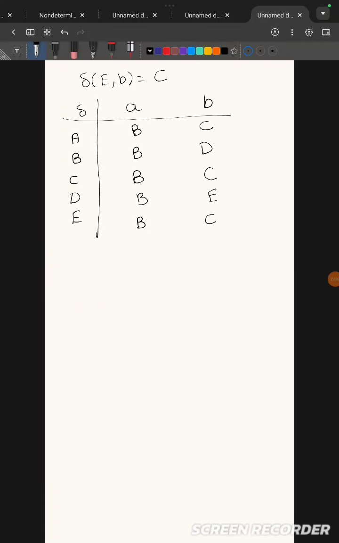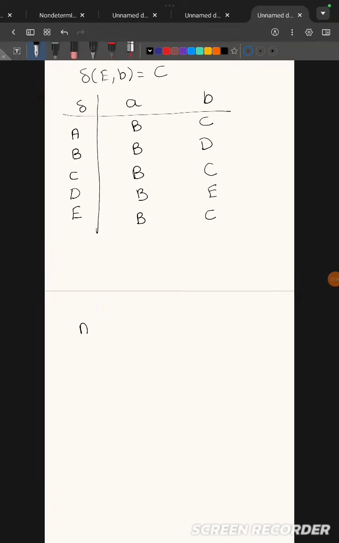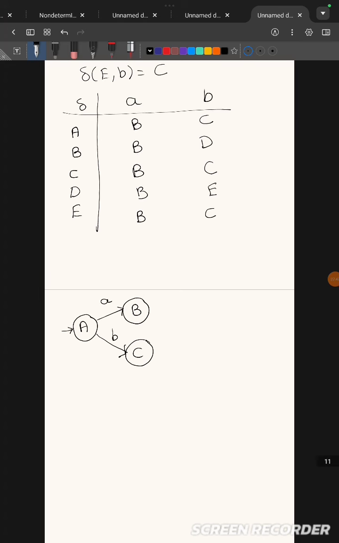So if I draw the transition diagram, we will start with A. A will go to B on small a, and it is going to C on small b. Now B goes to B itself on small a, and it is going to D on small b. C is going to B on small a, and C remains in C itself on b.